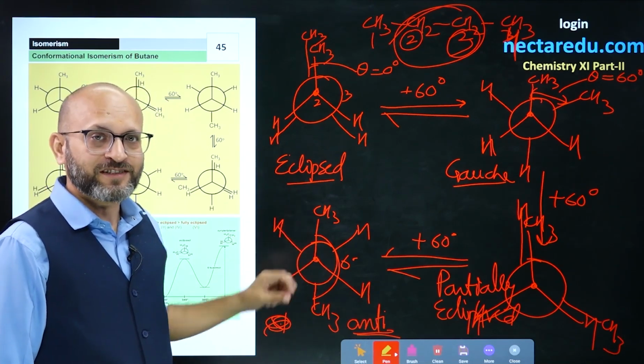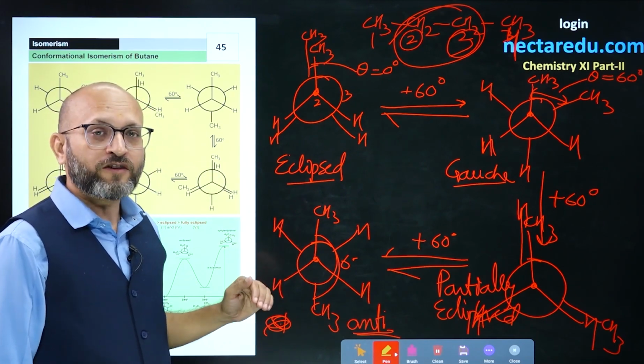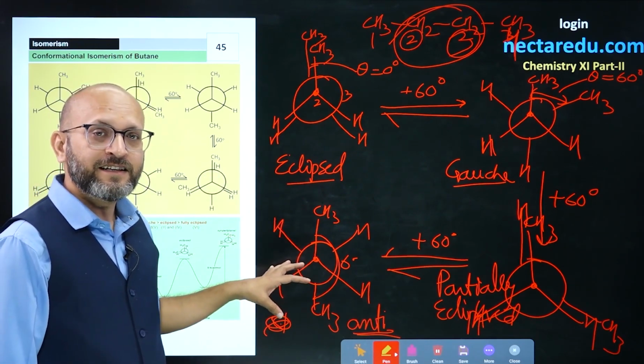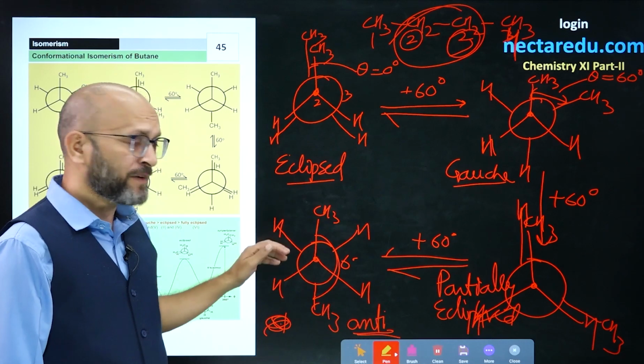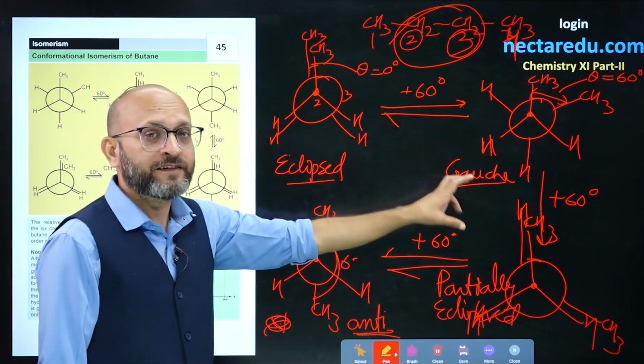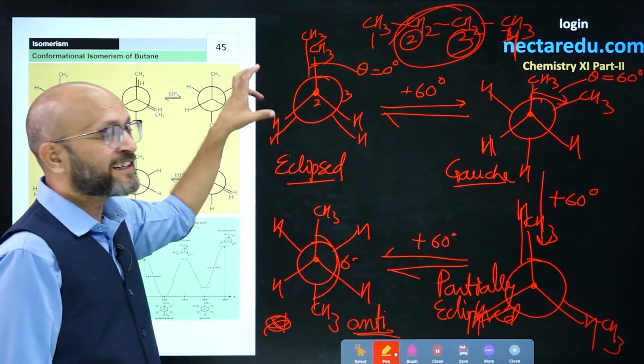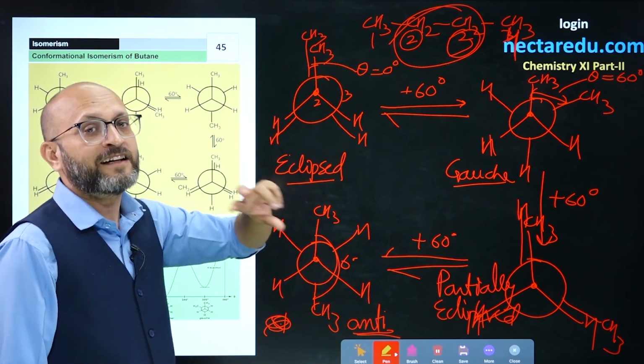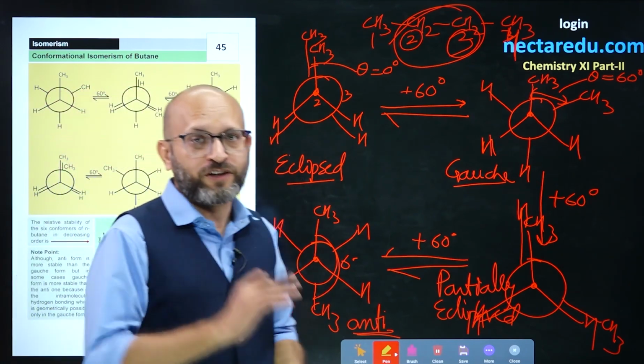Energy and stability are inversely related. So what is the order of stability? Most stable is anti, then gauche, then partially eclipsed, and eclipse is least stable, and energy is in opposite order.